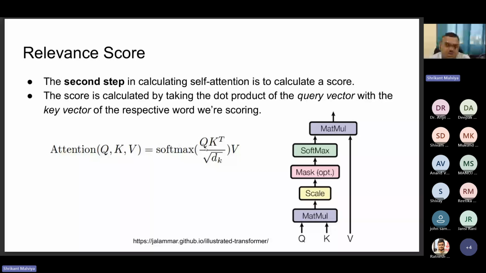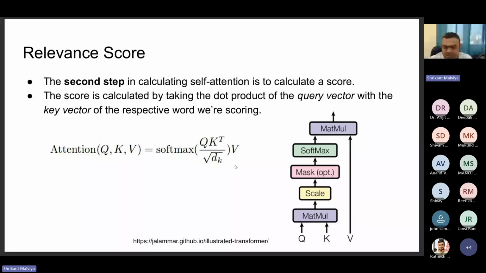To normalize it, we divide it by the square root of the dimension of this vector. We also apply the softmax to get a probability between 0 and 1. That probability can be understood as a weight, which decides how much this particular word is related to the current word we are processing.